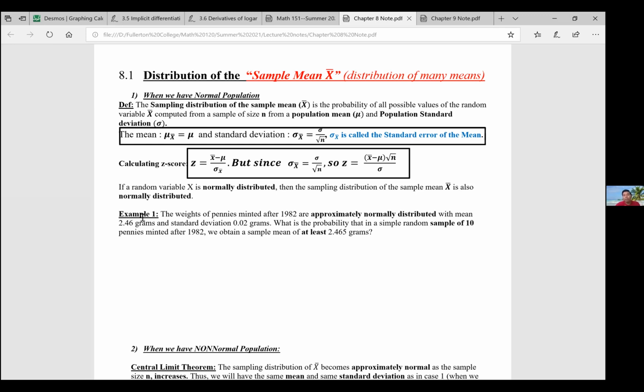Because of that, we will have means of the means and also the standard deviation of the mean distributions.